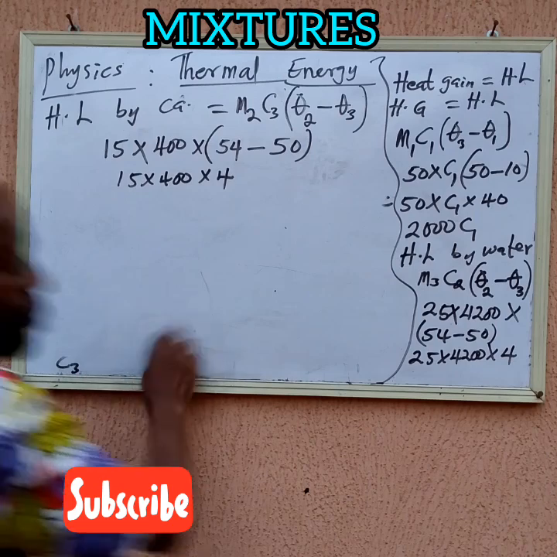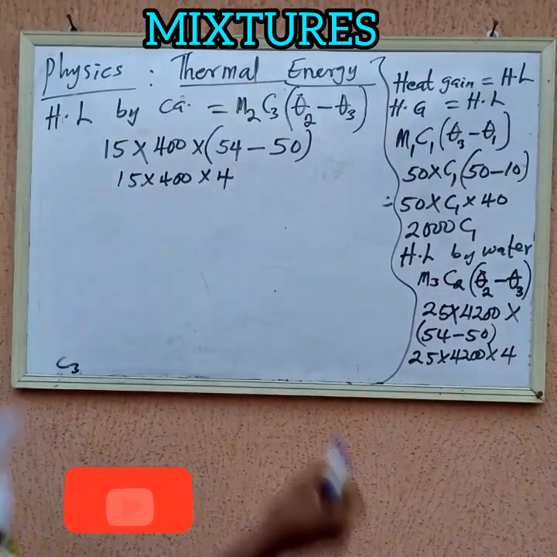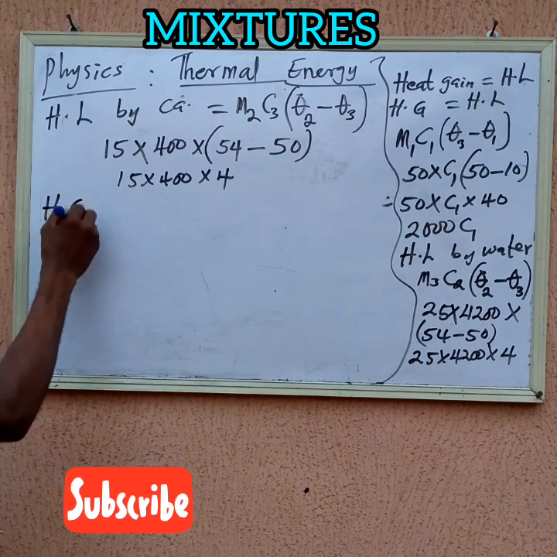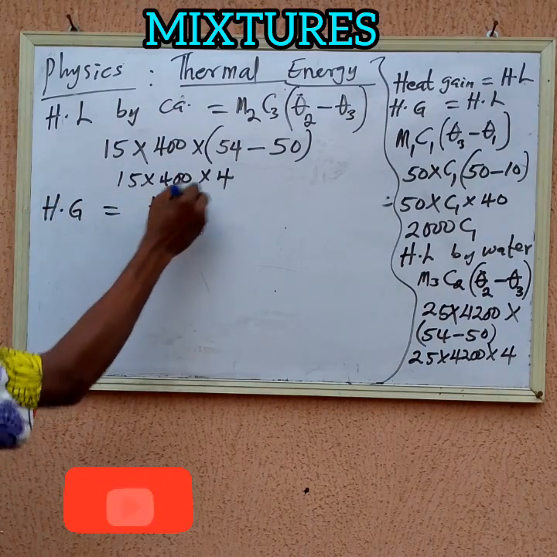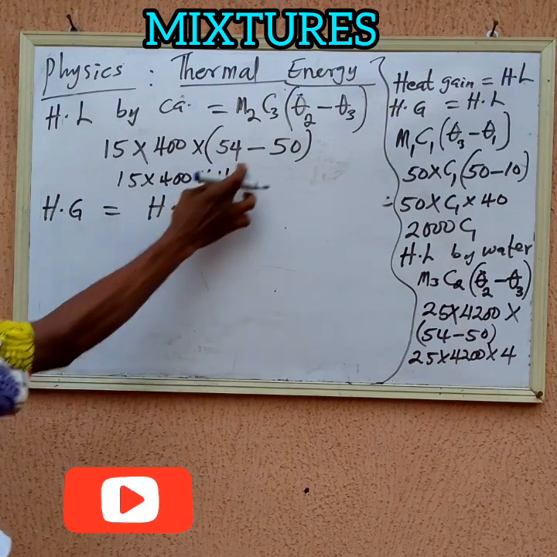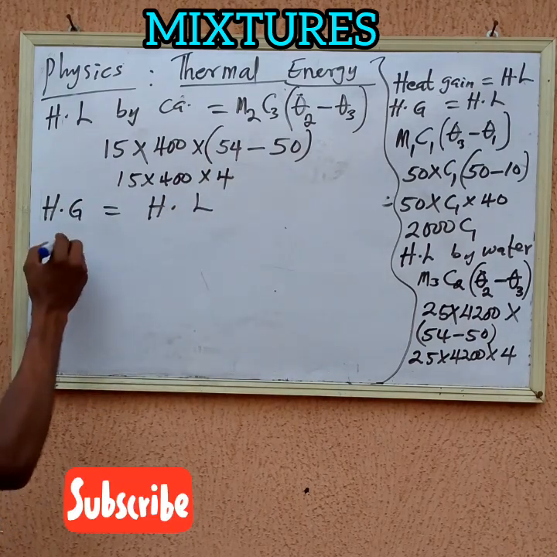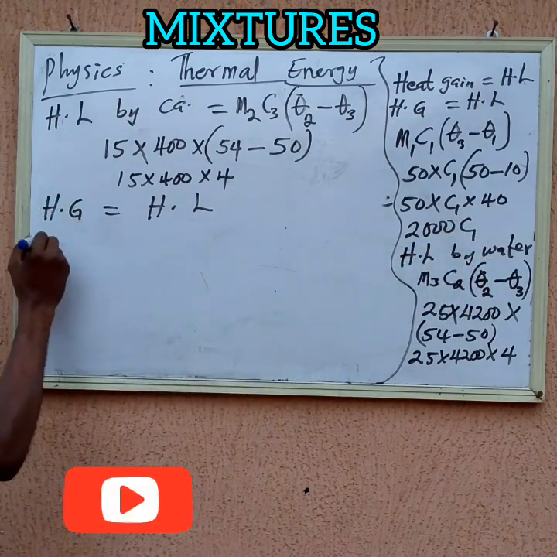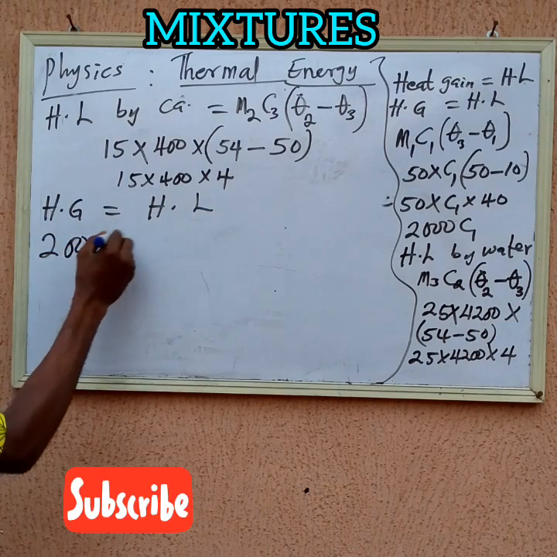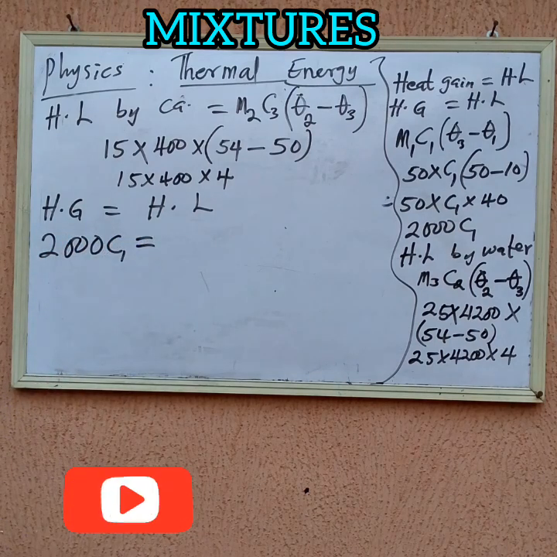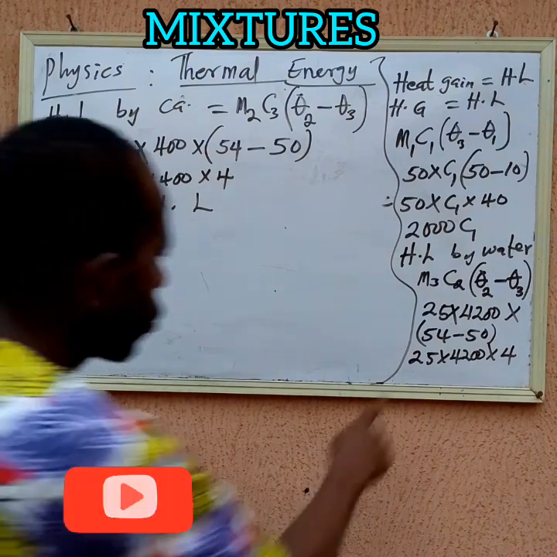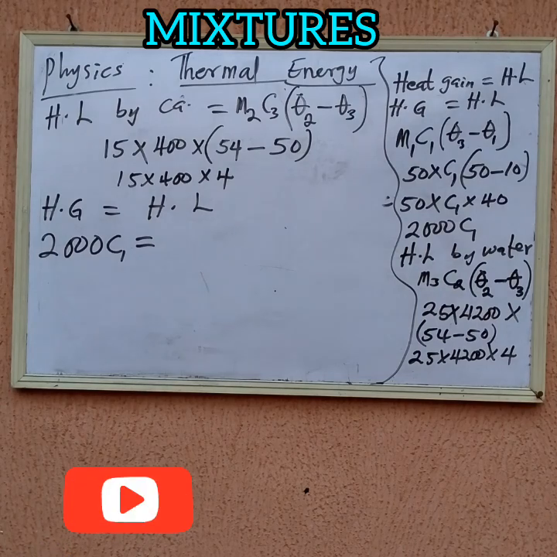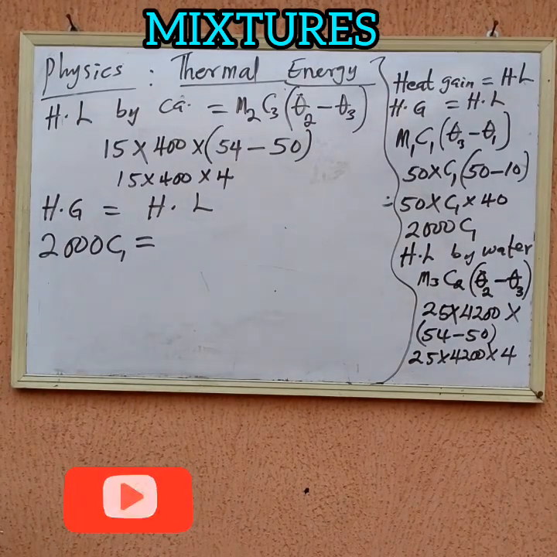Heat gain is 2,000 C1, equal to, now let's multiply this. Multiply 25 times 4,200 times 4. What will it give us?